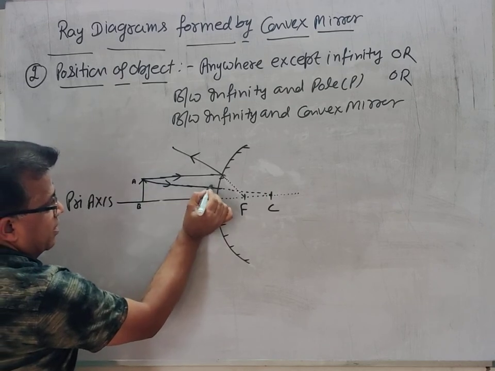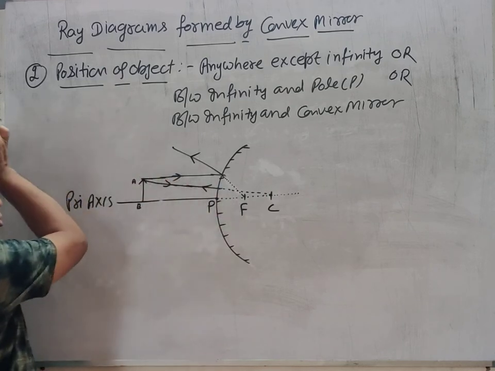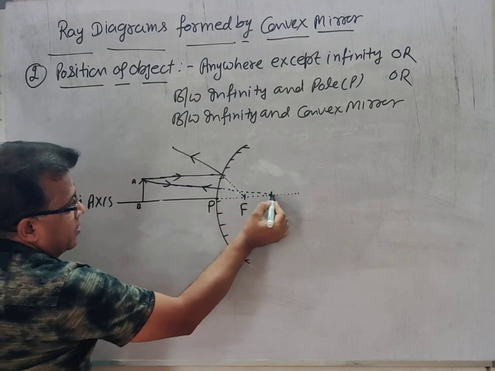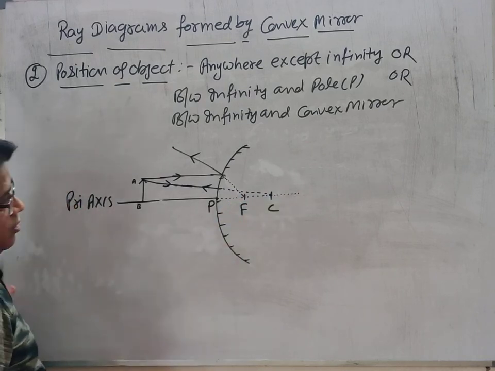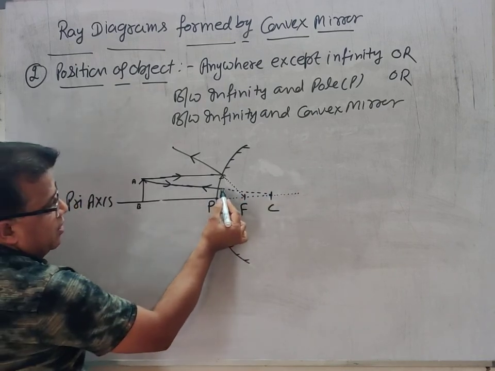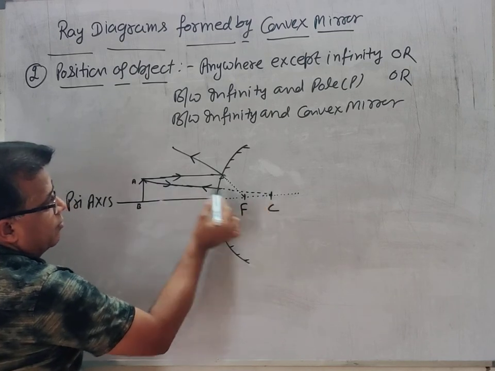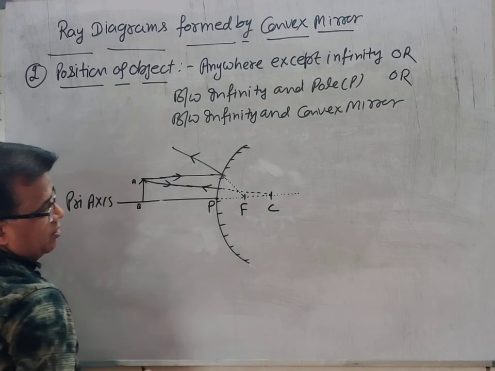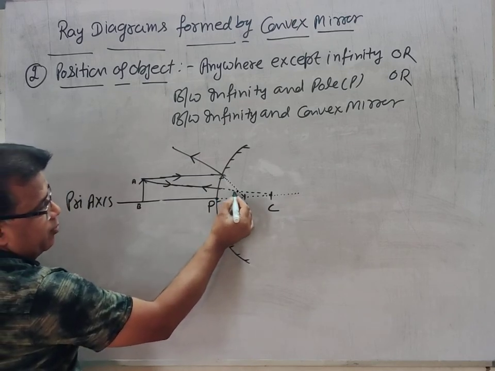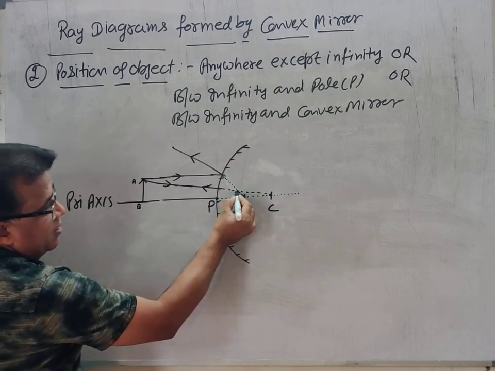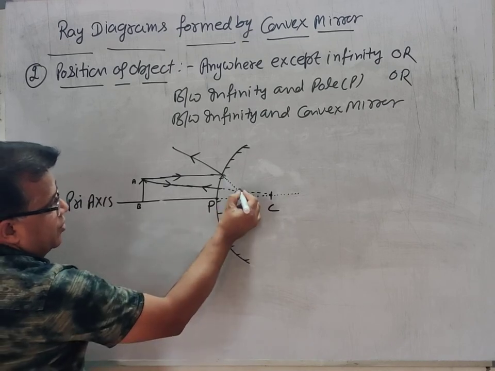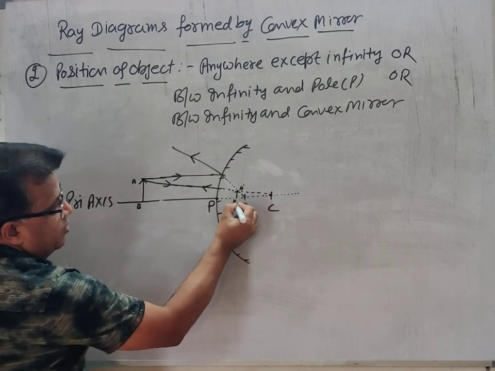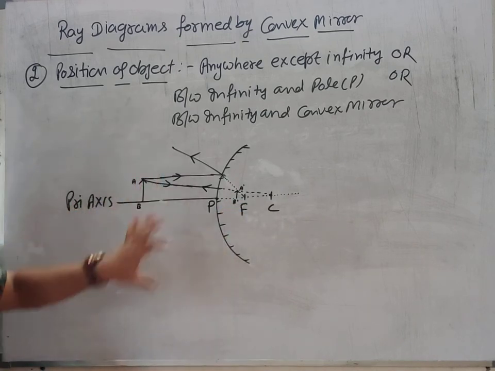After striking here, it moves along the same path, but it seems that it goes up to here. So now these first and second rays appear to meet at this point. We shall join this point with principal axis. This is A dash and this is B dash. It is object, that is image.